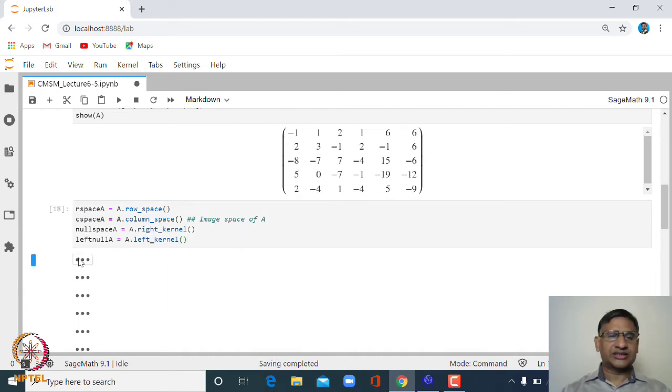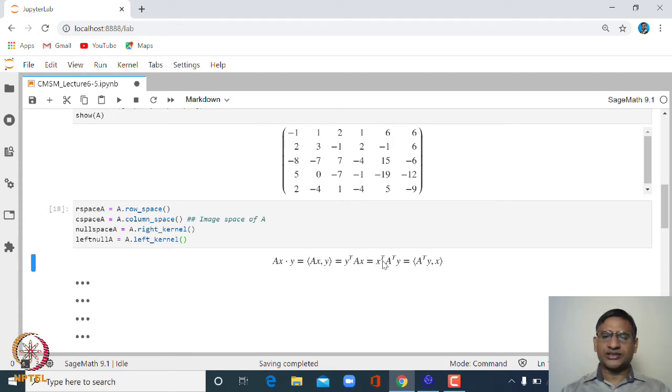And next, in order to find the orthogonal complement of each of these subspaces, one concept will be quite easy. If I take the dot product of Ax with any vector y, that is the inner product of Ax with y, in case of the standard dot product, it is y transpose Ax. Now this is actually a real number, a scalar, so its transpose will be itself.